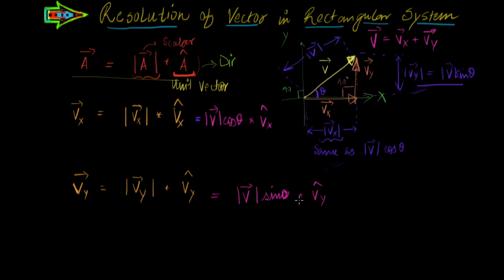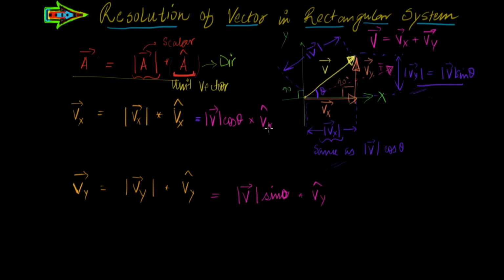Now it becomes more convenient to express v sub x and v sub y in a different notation, because if you take any other vector, say vector t, then even t sub x would point in the x direction, and t sub y would point in the y direction.